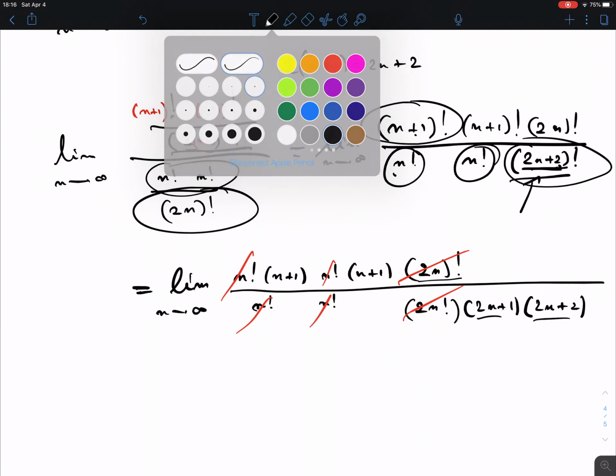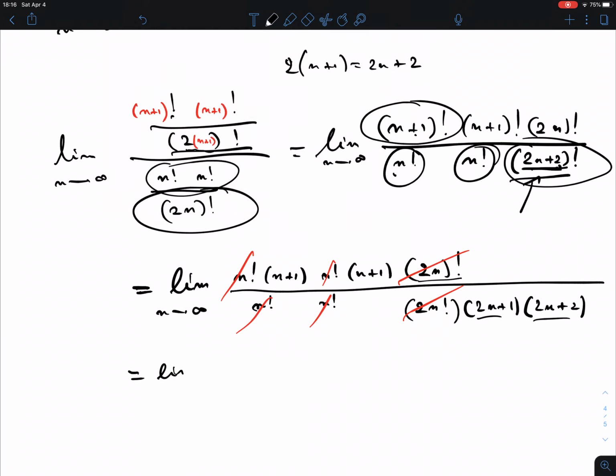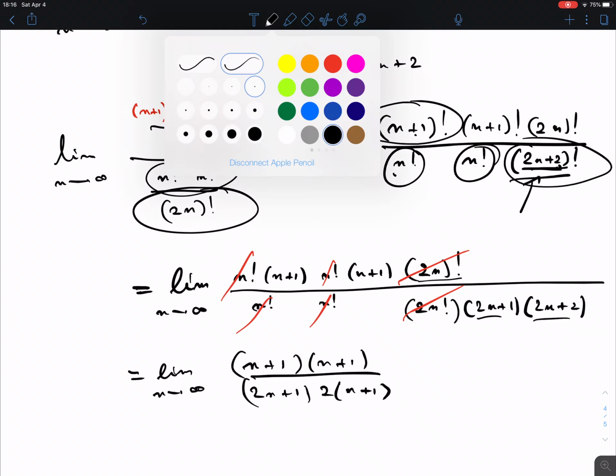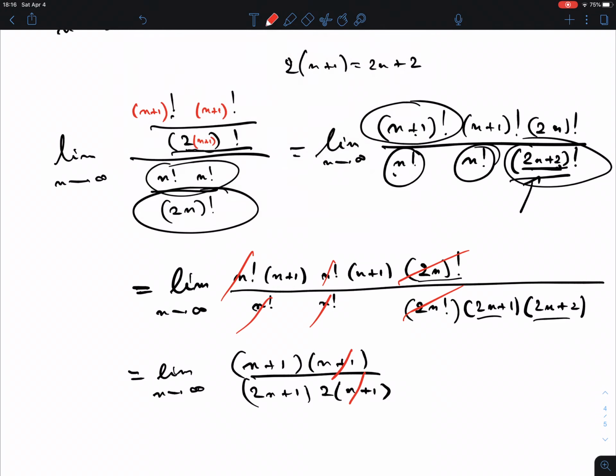let's do it in black again. It's the limit for n going to infinity of n plus 1 times n plus 1 over, in the bottom, 2n plus 1 times 2n plus 2. Actually, you can factor out the 2. And it's nice because now I can cancel one of the n plus 1s, right? How do we do this one? It's always the same: it's a rational function, so divide by the highest degree term, which is an n here.